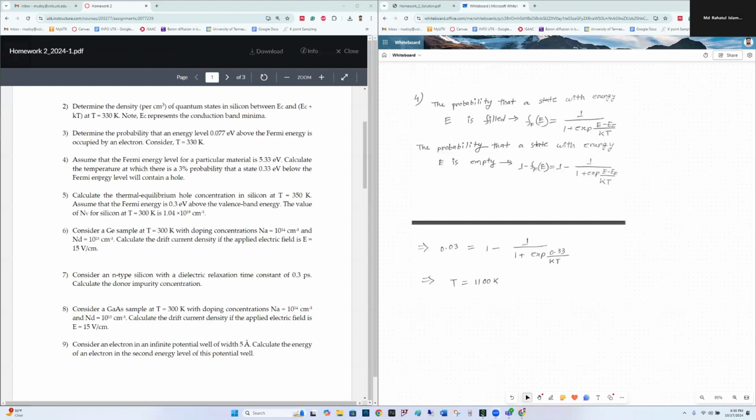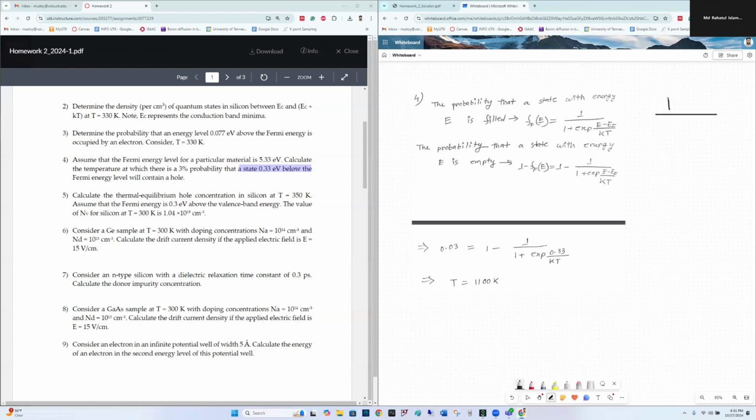So let's solve problem number 4. Here, assume that the Fermi level for a particular material is 5.33 electron volt. Calculate the temperature at which there is a 3% probability that a state 0.33 electron volt below the Fermi energy level will contain a hole. So let's first understand the energy level. What is written here is 0.33 electron volt below the Fermi energy level.